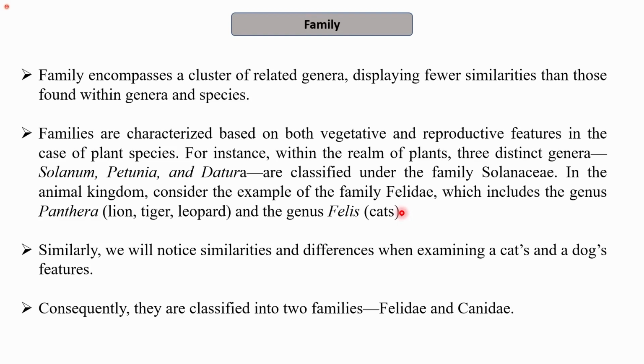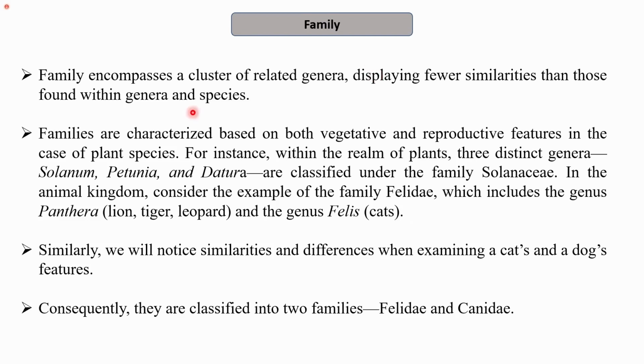Similarly, a family encompasses a cluster of related genera displaying fewer similarities than those found within the genera and the species. So you might have noticed that as we move towards the higher taxonomic categories or higher ranks, the similarities within the group are decreasing.